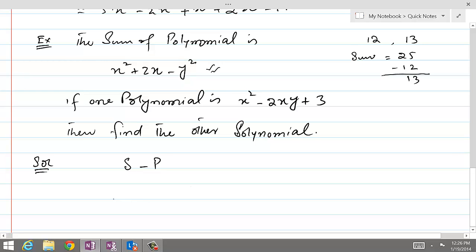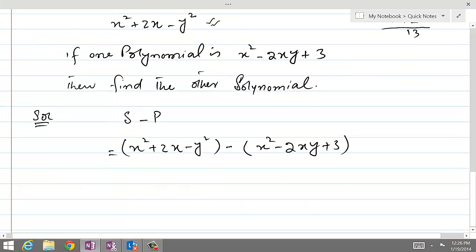So we write x square plus 2x minus y square, which is the sum of the polynomials, take away the first polynomial, which is p, x square minus 2xy plus 3, and the answer will be the polynomial q.